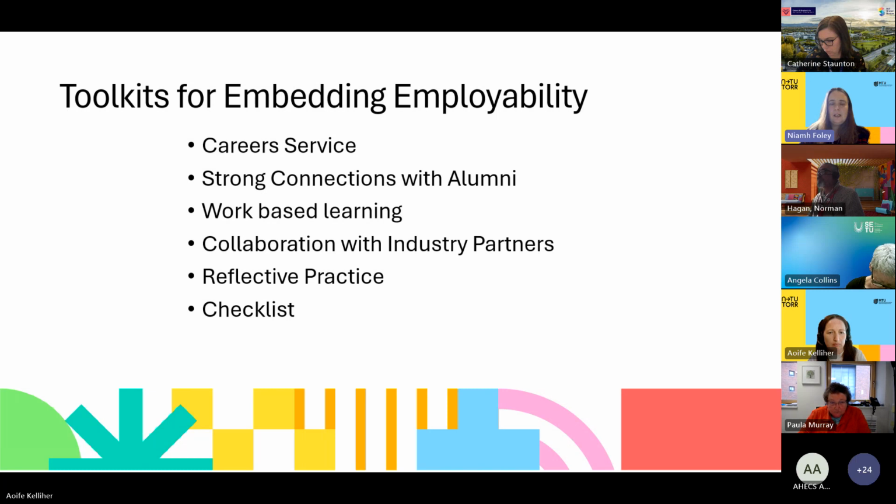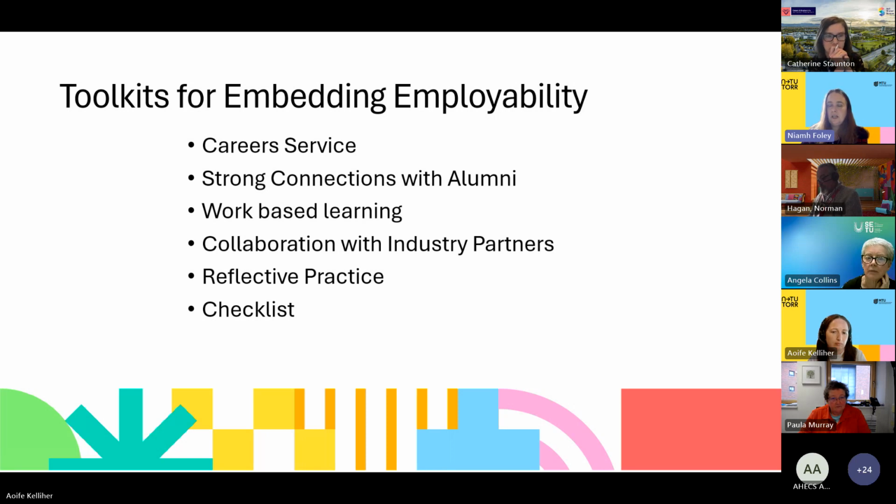And I suppose that collaboration is essential for embedding, because as we've seen over the last while, the likes of sustainability, artificial intelligence, and the renewable energy sector are all new skill sets.